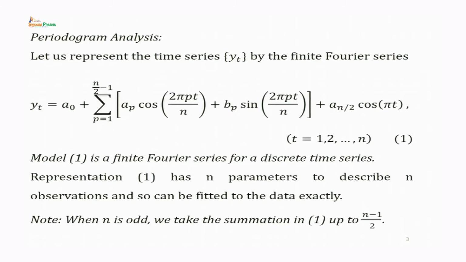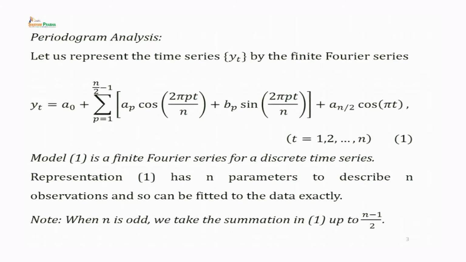You know that sin pi t is always equal to 0, that is why we have not involved the sin term here. So, this model 1 is actually a finite Fourier series for a discrete time series y t.